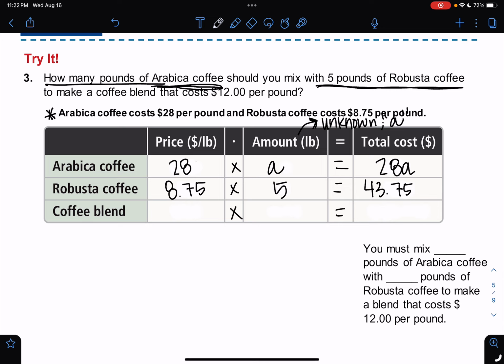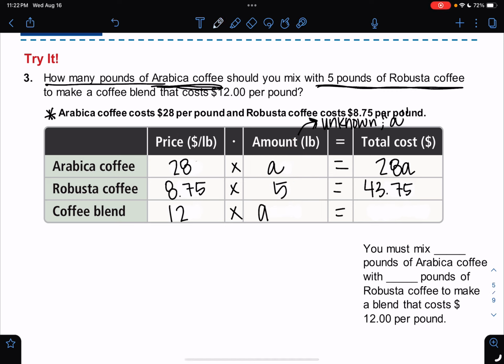Then they said the coffee blend is going to cost $12 per pound. Price per pound goes here, so we write $12 there. And if it's a blend of things, we need to do our totals. If it's a blend of both the Arabica and the Robusta, it's the amounts that we have here, A and 5, so they go together.